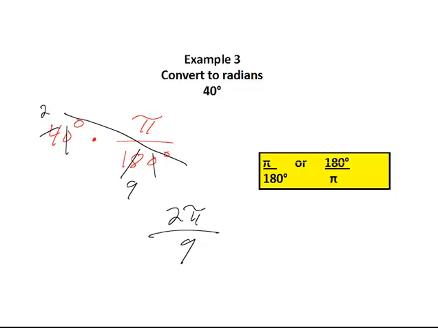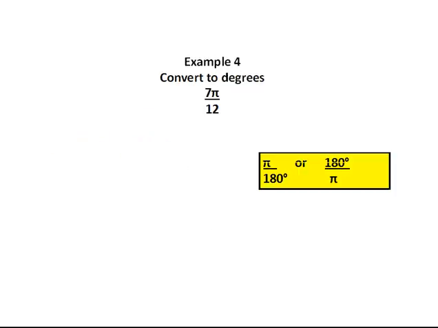Next example. Now I'm going in the opposite direction. I'm starting with radians, and I want to convert to degrees. So just like the prior problem, I want to get degrees in my answer, which means I need to lose the radians. So this is the conversion factor that I want. Right away, remember in the prior problem we knocked out the degrees.